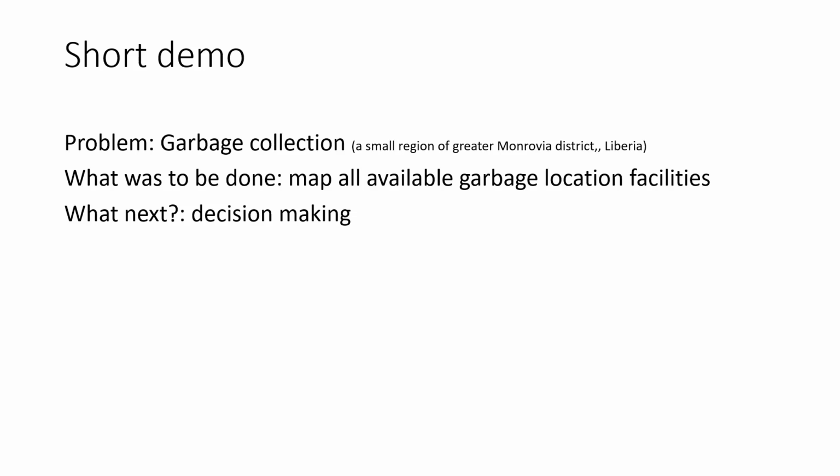The information included who manages the garbage collection point. Is it the community? Is it private? Is it public? They were also mapping the situation of that garbage collection point. Is it an open pit? Is it a garbage collection container? Next, they wanted to make a decision: is there need for additional garbage collection?